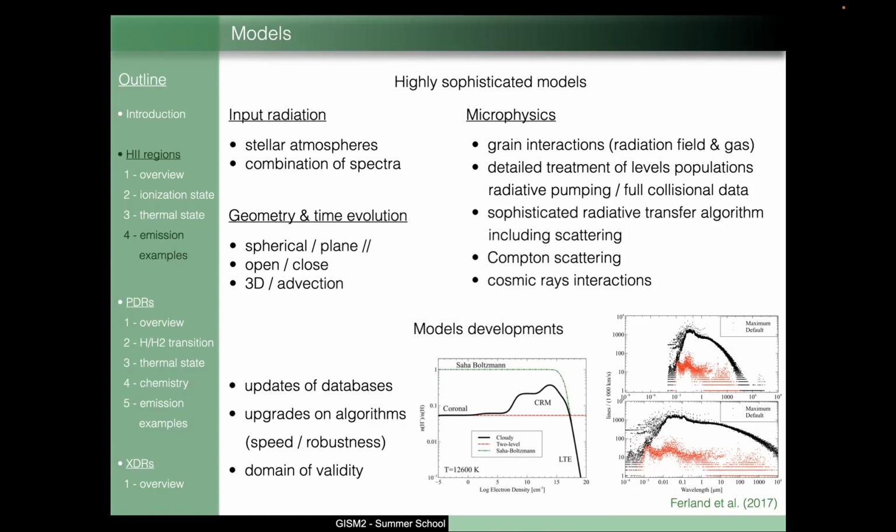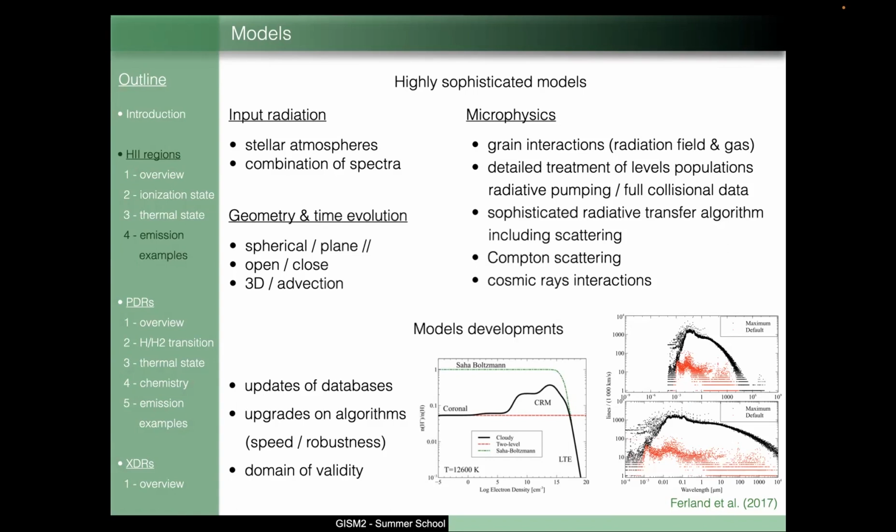I didn't talk about a very nice effect of H2 region, which is the thermalization of high energy levels of atoms, which can be very important for the interpretation of observation. And I didn't talk at all about radiative transfer algorithms and so on. So there are many subjects I didn't even touch for H2 region, but we can talk about it after this lecture if you like, okay?